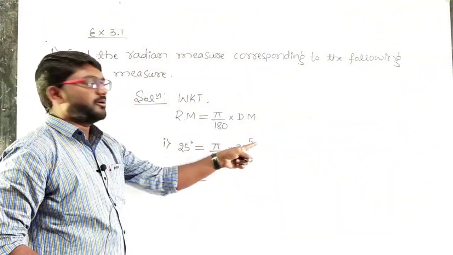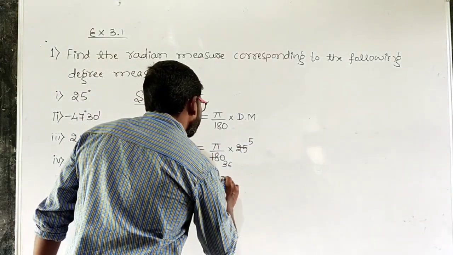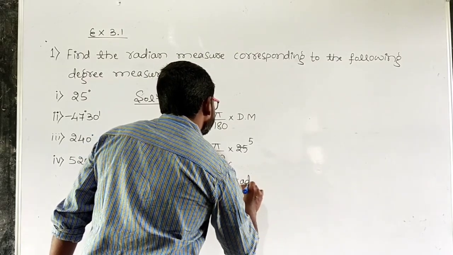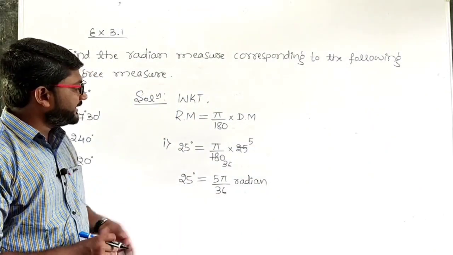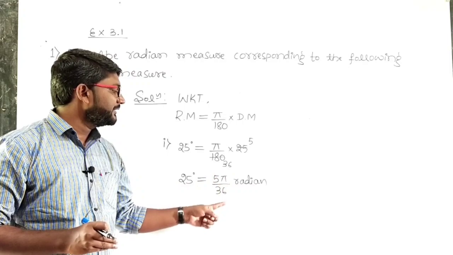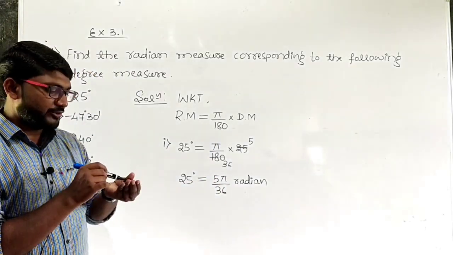Pi into 5, or 5 into pi. 5 pi divided by 36 radian. So we have converted 25 degree in terms of radian, that is 5 pi by 36 radian. This is all about the first sub question.